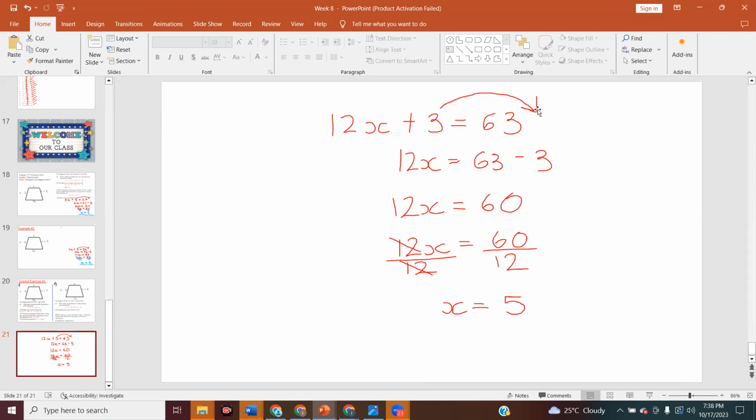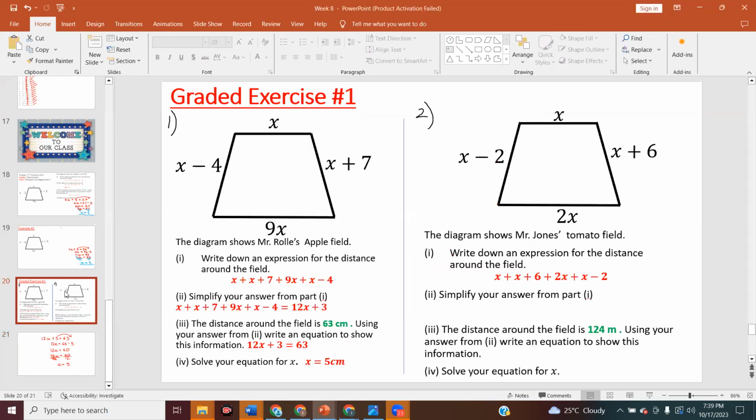It becomes 63 minus 3. What is 63 minus 3? 60. So that's how we get 60 here. And then we divide both sides by what? 12. And 60 divided by 12 is? 5. You understand that? Yes, sir.